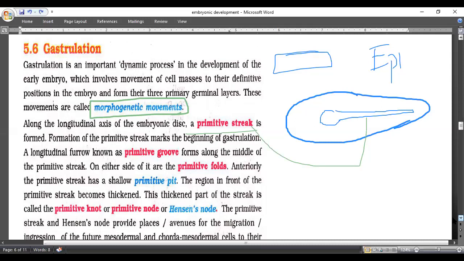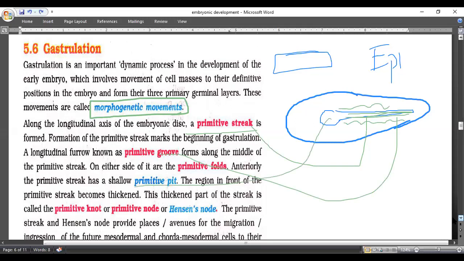A longitudinal furrow known as the primitive groove forms along the middle of the primitive streak. On either side of it are the primitive folds. I'm drawing the primitive folds. Then anteriorly the primitive streak has a shallow primitive pit.